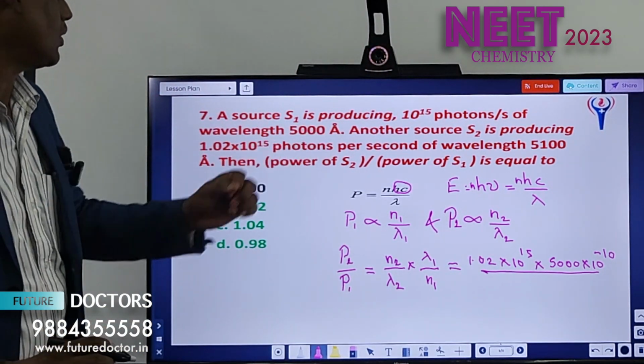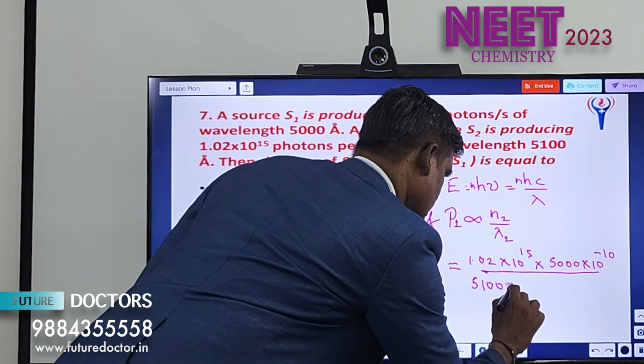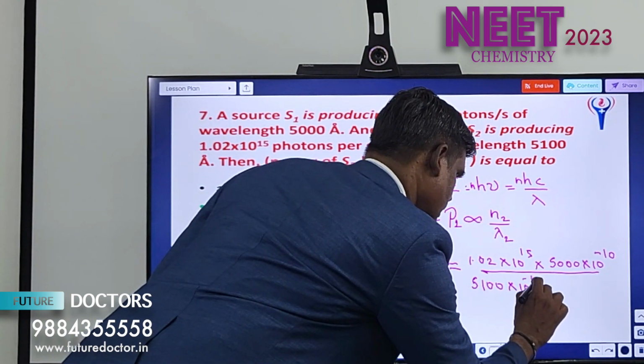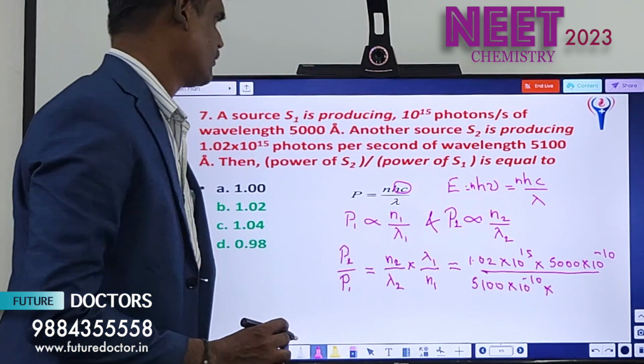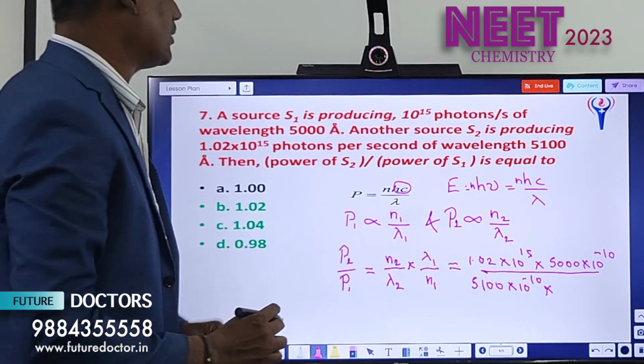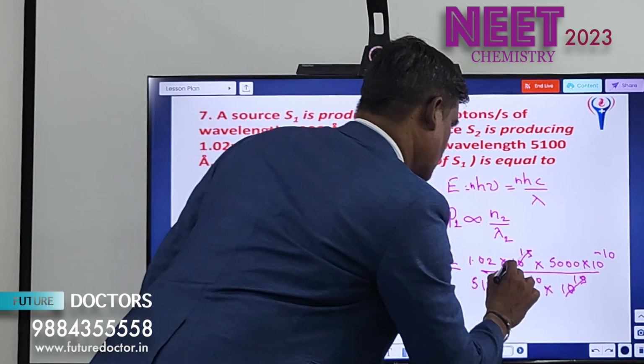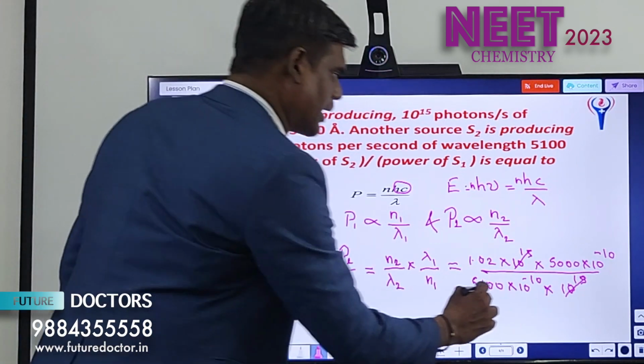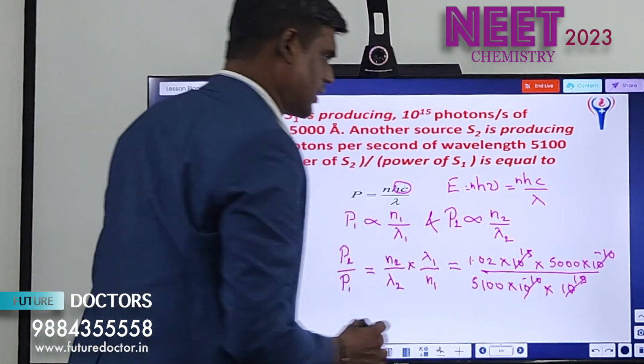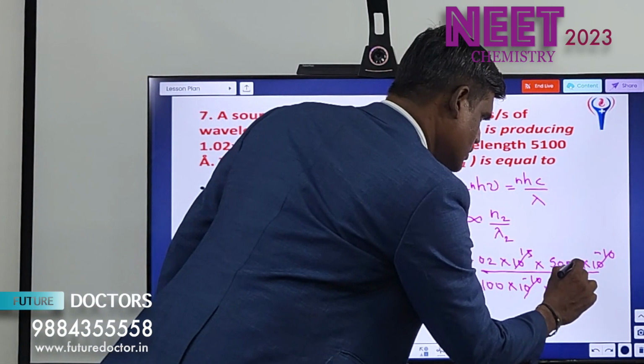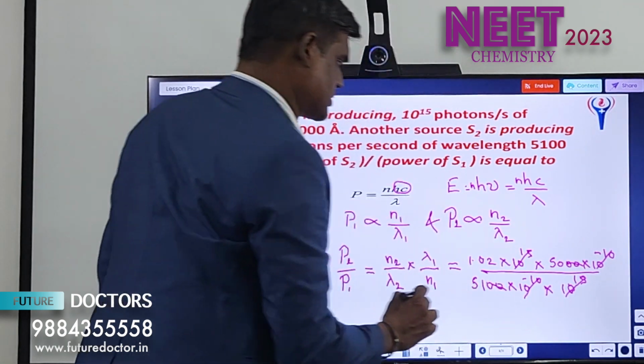What's the value of lambda 2? 5100 angstrom into 10 power minus 10, into N1. What's the value of N1? 10 power 15. 10 power 15 gets cancelled. 10 power minus 10 gets cancelled. And these two zeros get cancelled.